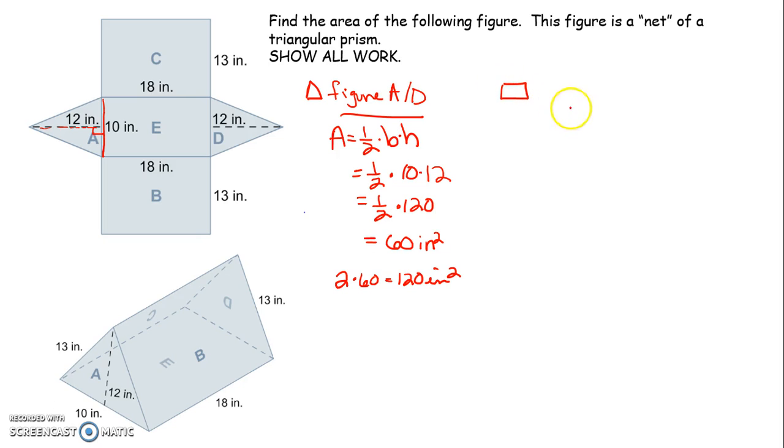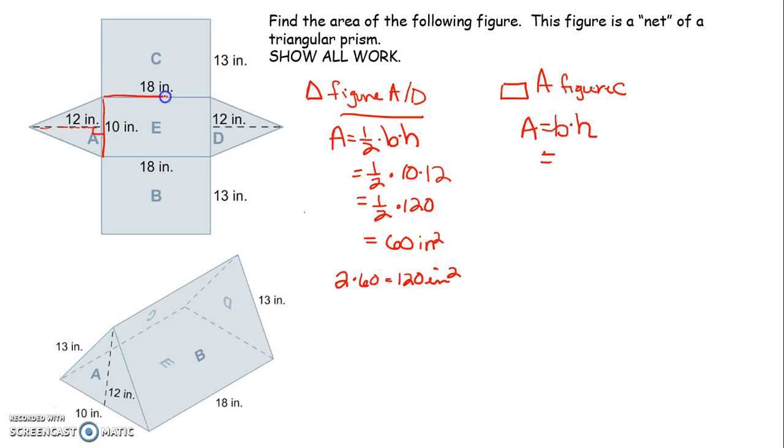One of our rectangles is the area of figure C. And for figure C, the area of a rectangle is base times height. So let's see what the base of figure C is and what the height is.